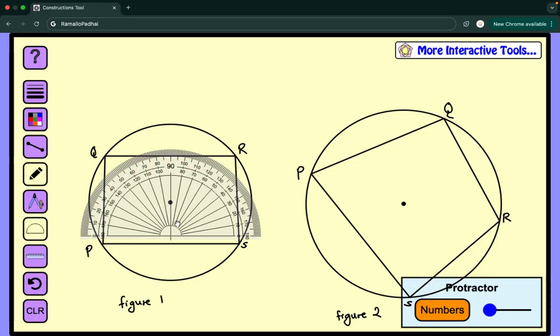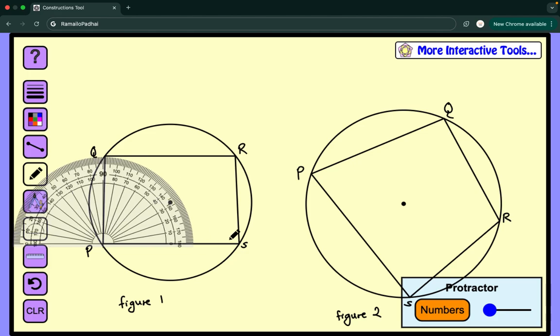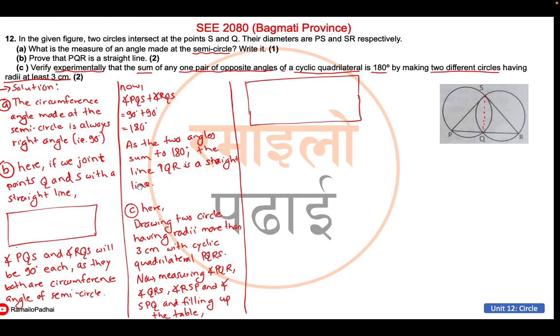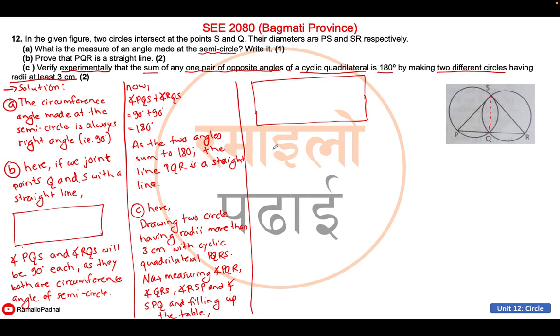Now, measuring each angle, this is not exactly 90 degrees, but before that we will first make a table.